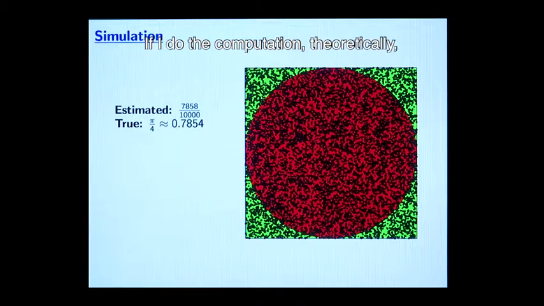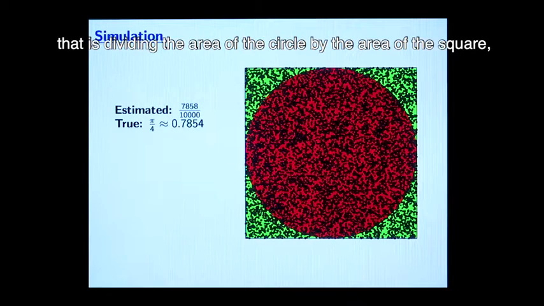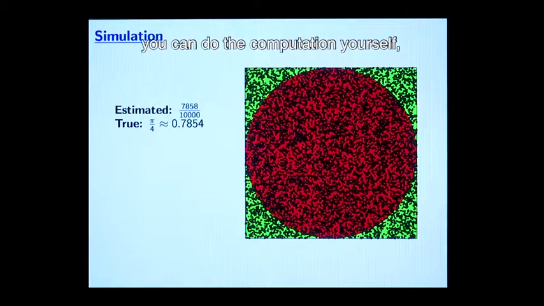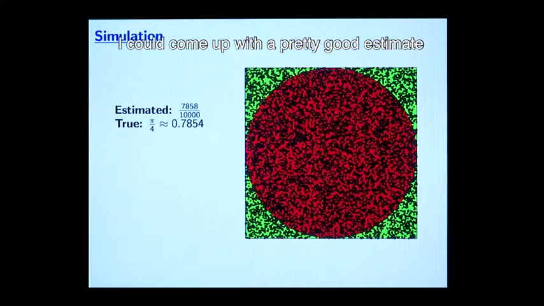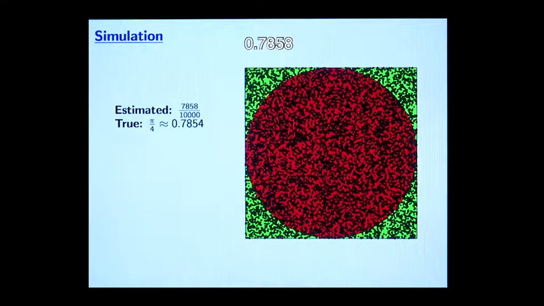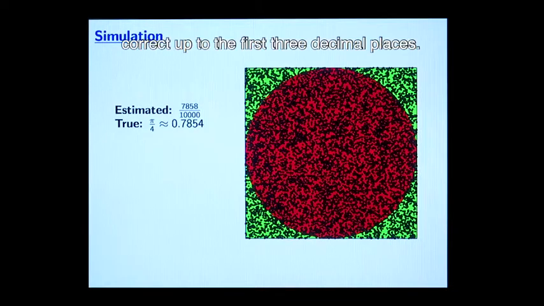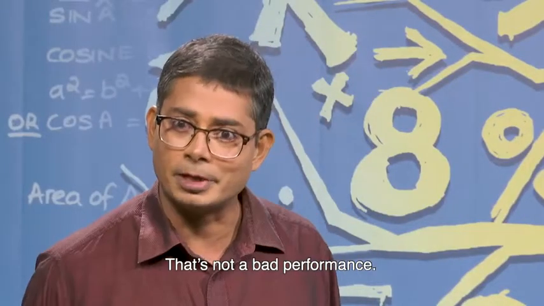If I do the computation theoretically, that is dividing the area of the circle by the area of the square, then you can do the computation yourself, you will very easily get pi by 4, and that is 0.7854. So, merely by throwing darts without doing any mathematics whatsoever, I could come up with a pretty good estimate, 0.7858 as opposed to 0.7854, correct up to the first 3 decimal places. That is not a bad performance.